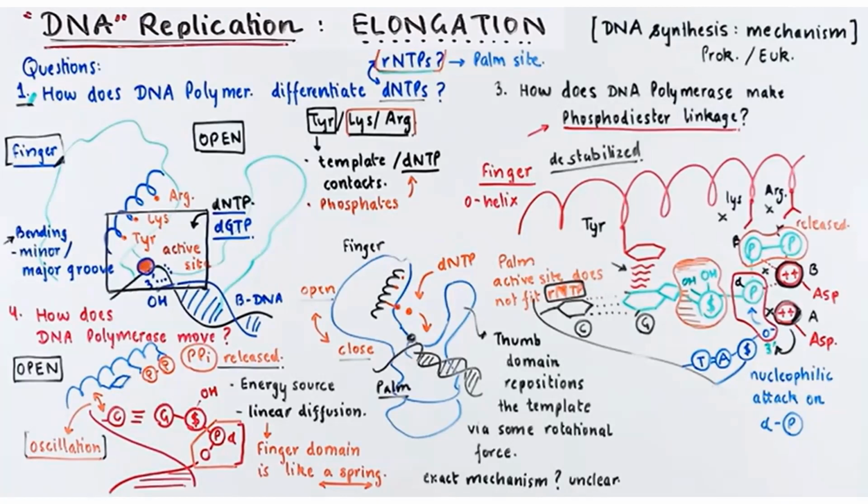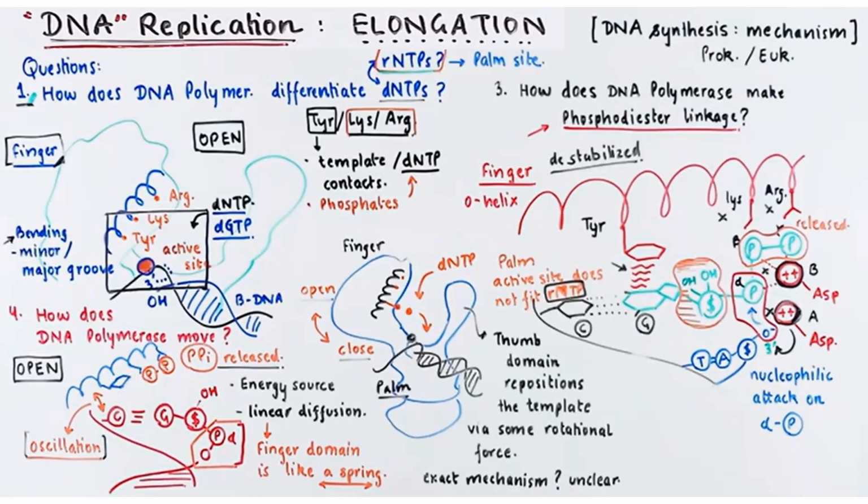So we can go back to the question of discrimination against the DNTPs. If this was an RNTP instead of a DNTP, it would have a 2' hydroxyl on the sugar, and that makes the sugar a bit bigger, and the cavity of the active site where the sugar docks will not be able to fit this RNTP because of its bigger size.